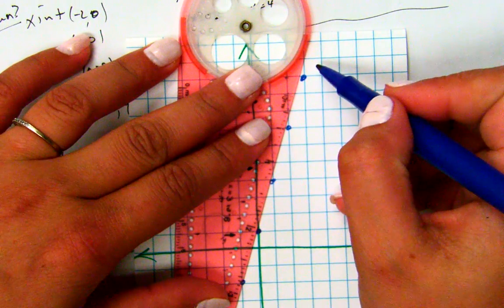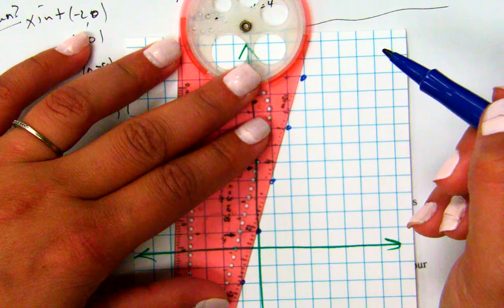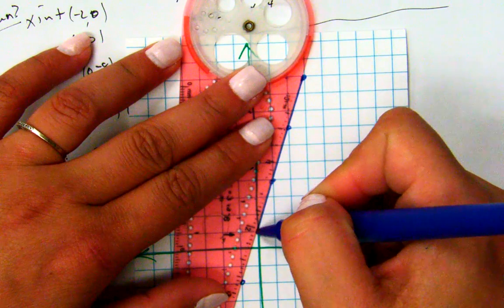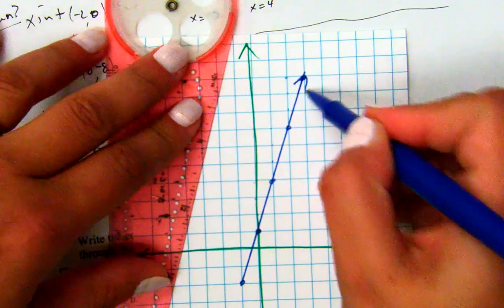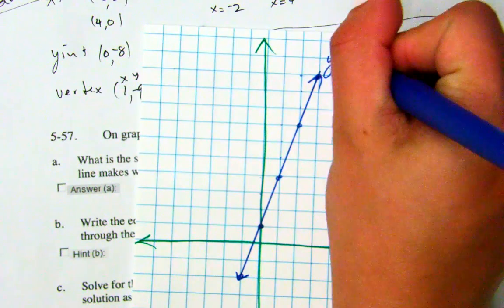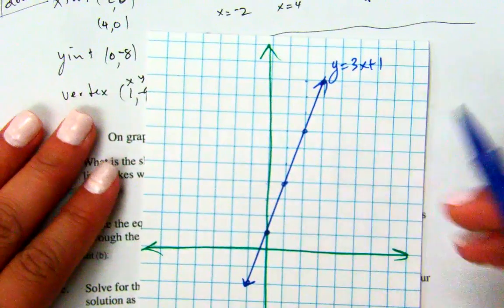Okay, so wow, okay, this is interesting. Okay, I'm just gonna go up to here, and I'm just gonna do that. So this is y equals 3x plus 1.